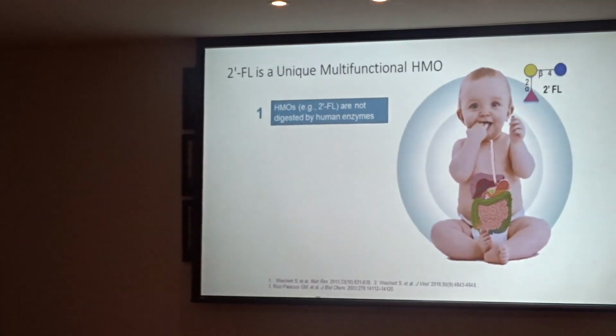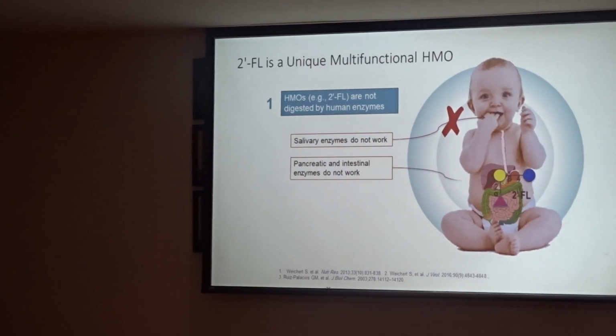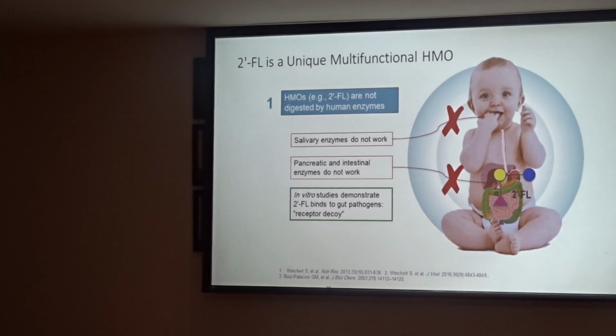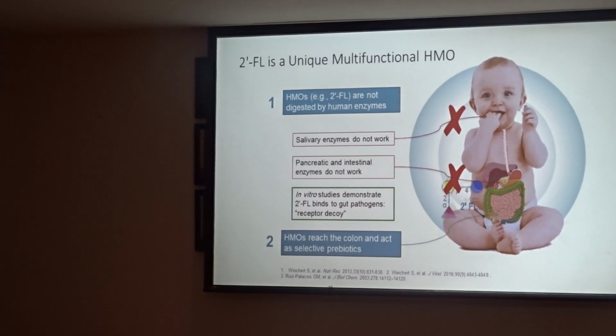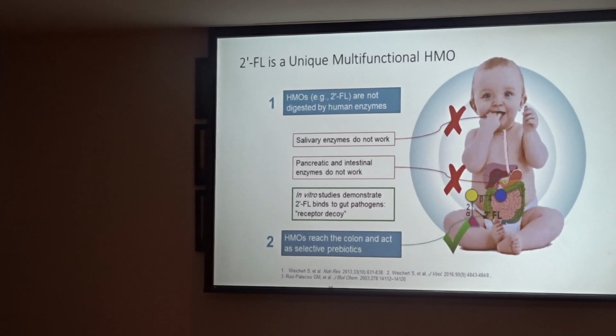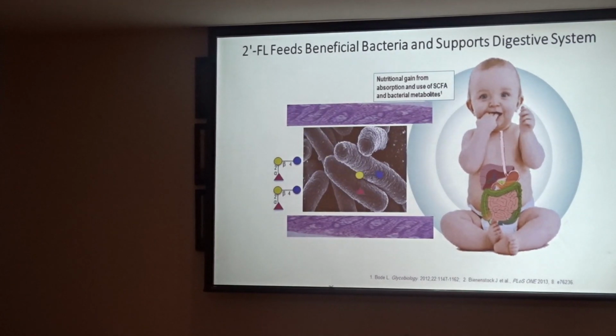So 2FL coming down, no salivary, no pancreatic, no intestinal enzyme can digest it. And in the colon, as I said, it selectively enhances the growth of the beneficial bacteria. Also, in the fermentation process in the colon, it produces short-chain fatty acids, which give some energy and also regulate the contractions of the colon.